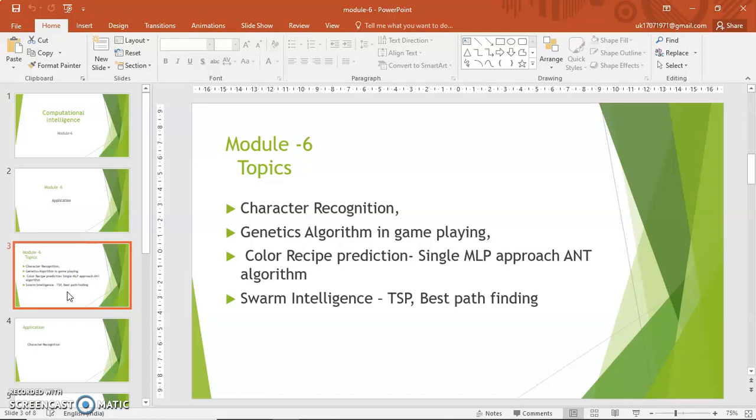These are the basic topics which we are going to study under module number 6 of your subject. We'll go into the details of each of the points in the upcoming video as part 2 for the computational intelligence of ME subject for Mumbai University.